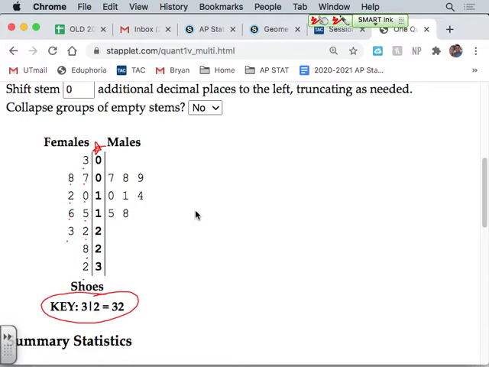Okay, let's see. Number 9 is, maybe I'll just do it on here so that I don't have to flip back and forth. Number 9 says, at least I hope it's still the same, I think I printed something a little different. Yep. Compare the distributions of the number of pairs of shoes between males and females. It's not always going to tell you to make sure to address shape, outliers, center, and variability.